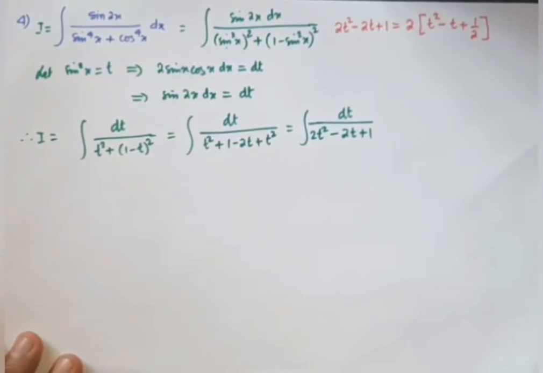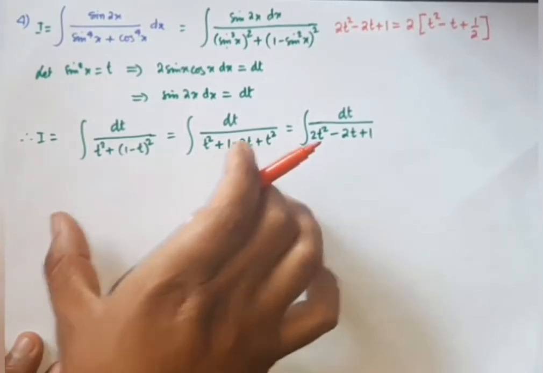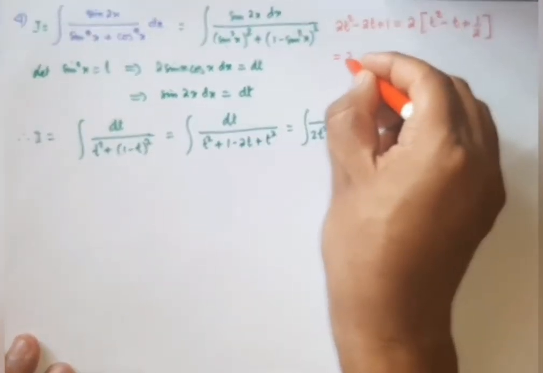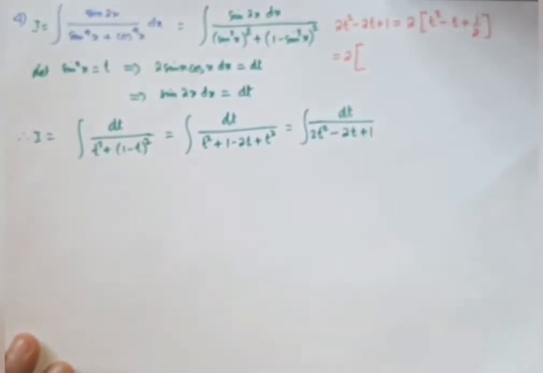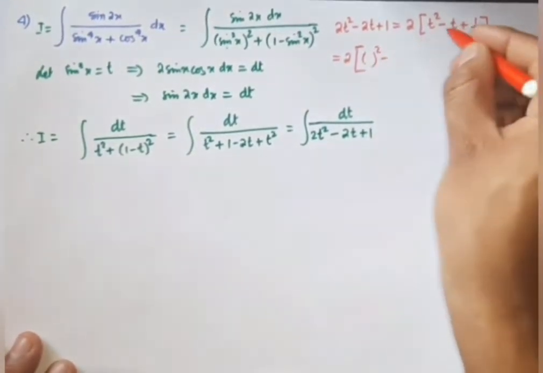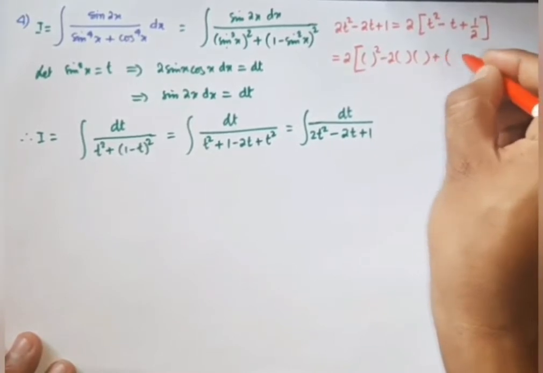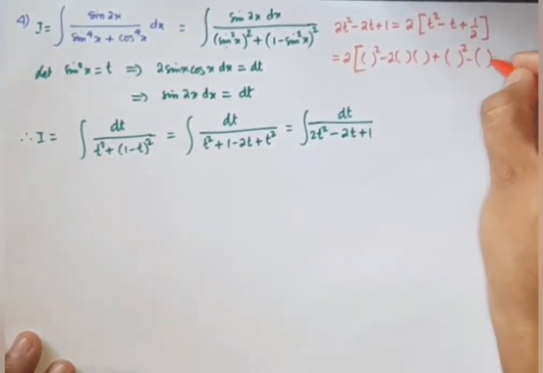This work actually has to be done here, but since I don't have space, that's why I'm showing it here. So this will be equal to 2. Now let us express this entire thing as a sum or difference of two perfect squares. So this will be written as a square minus 2ab plus b square. This plus b square is extra, so to balance it I'll put minus b square plus how much is there? Half is there.